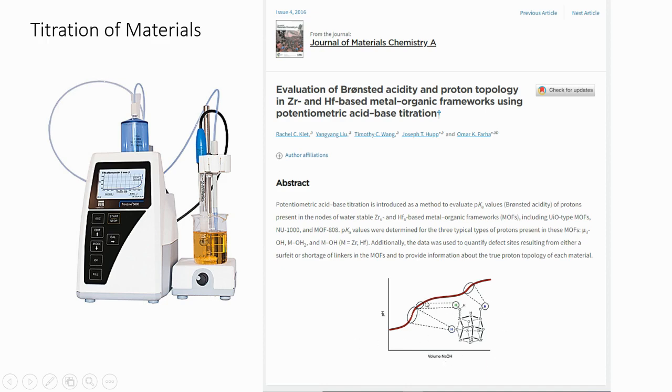And this person, Rachel Klepp, figured out that you could titrate this material. Based on the curves that the titration made, you can figure out what kind of groups you have. So you have hydroxide groups, you have water groups attached here. Depending on your material, you can figure out how many of each type it has.